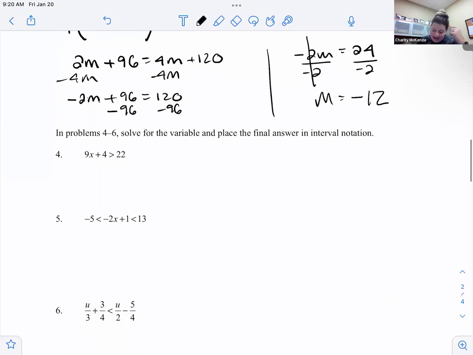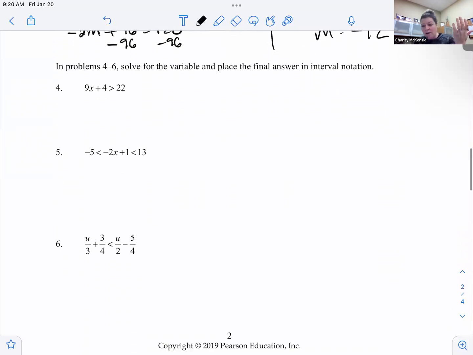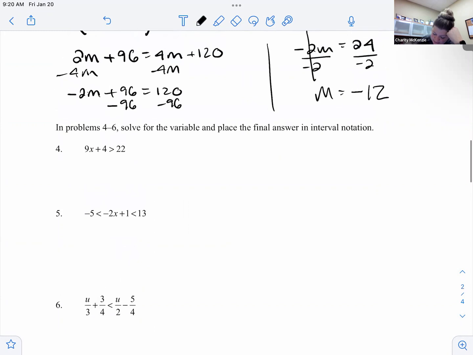Okay, so the next group is inequalities, right? So greater than, less than type problems. So one big rule is if you multiply or divide by a negative, you have to switch the inequality. Okay, so wherever you want to write that, maybe I'm going to switch and kind of write it up here.